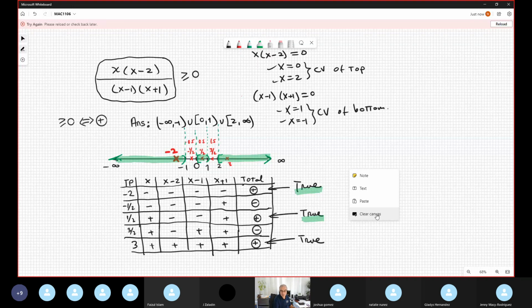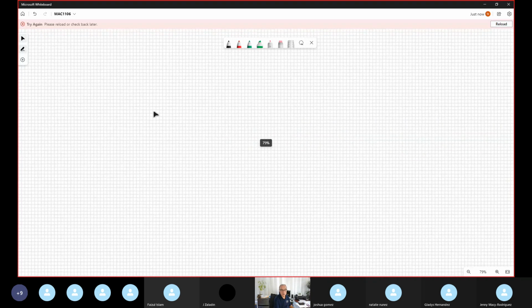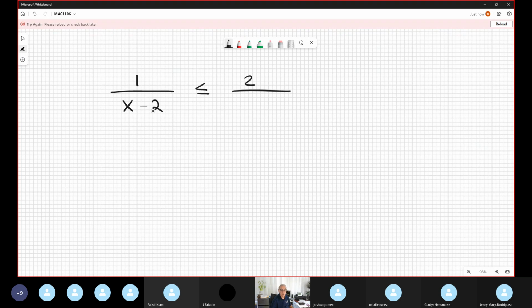Okay, this is a classical example of solving a rational inequality. Suppose 1 over x minus 2 less than or equal to 2 over 3x minus 9.